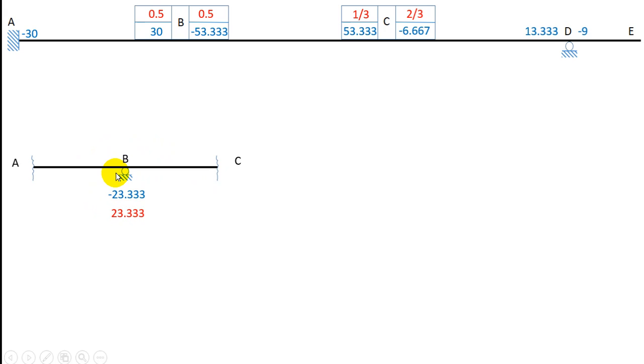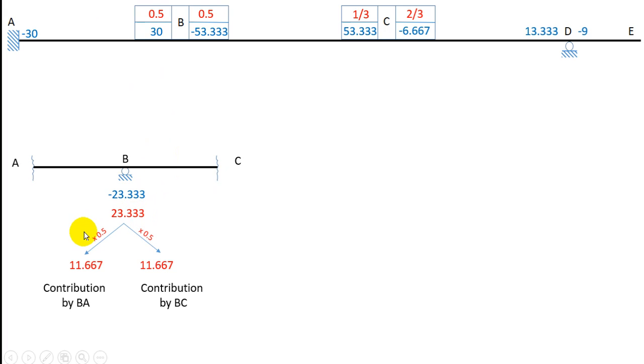So what happens is this 23.333 is basically given by BA and BC, so there is some contribution of this moment by BA and some contribution by BC, and how much contribution is made by BA and BC is given by the distribution factors of BA and BC. So basically I'll just split them up.